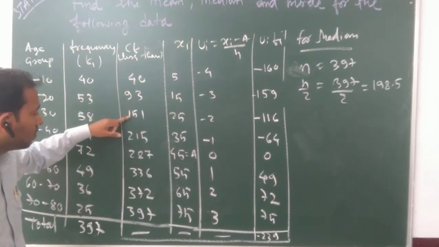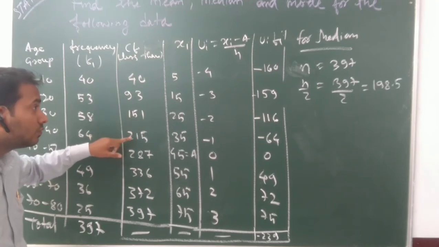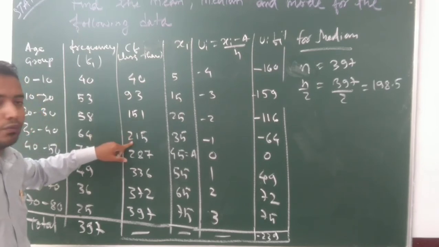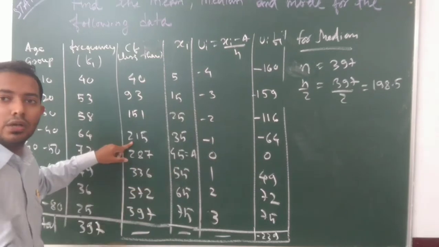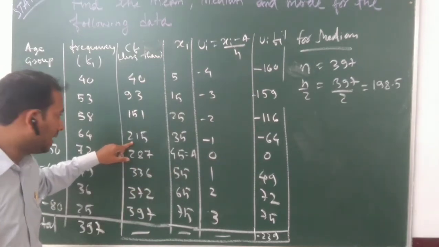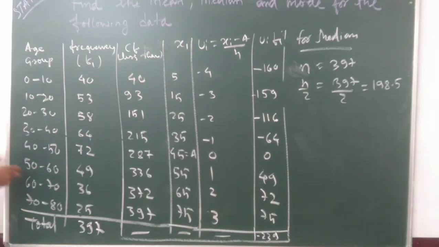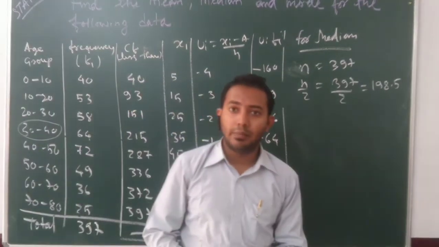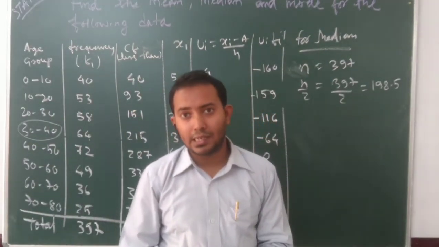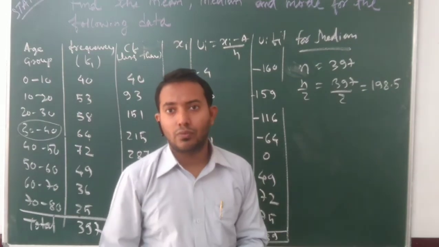See 151, no, 215. Look at 215, it is the first one which is crossing your 198.5. That means corresponding to this one, you can see this is your median class. So our target is to find the median class. Once we find the median class, it will be easy for us to find the median.